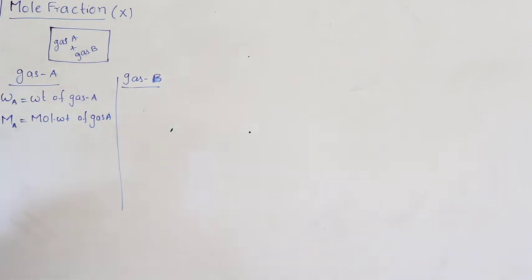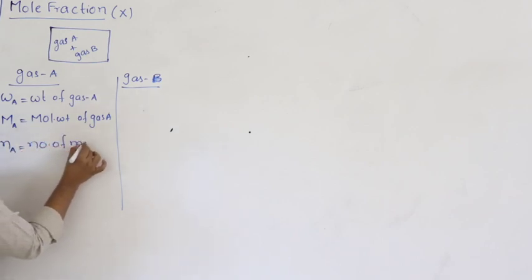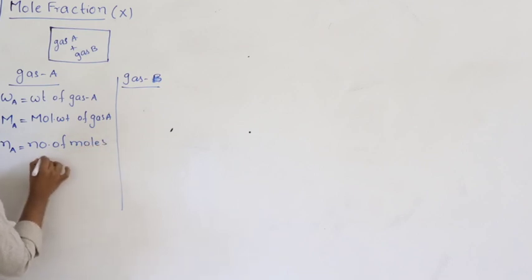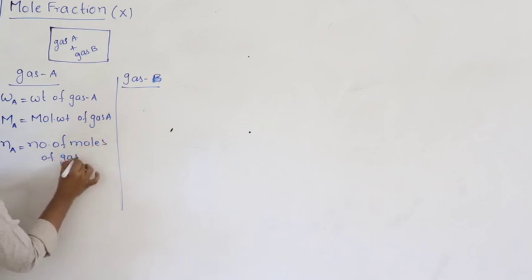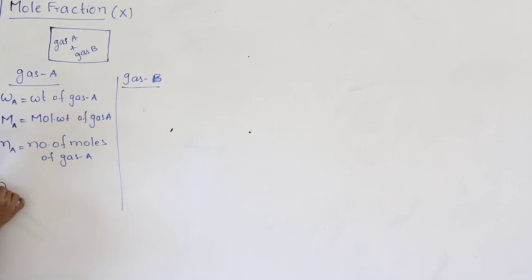Since you know weight and molecular weight, let us find number of moles, Na, number of moles of gas A. How do you find number of moles of gas A? Weight of gas A by its molecular weight.